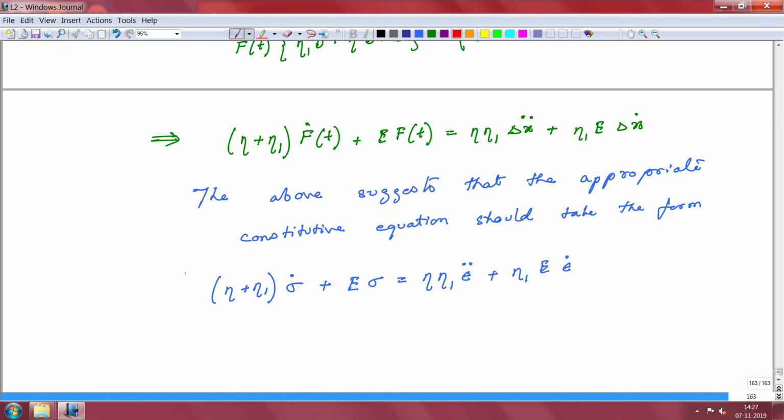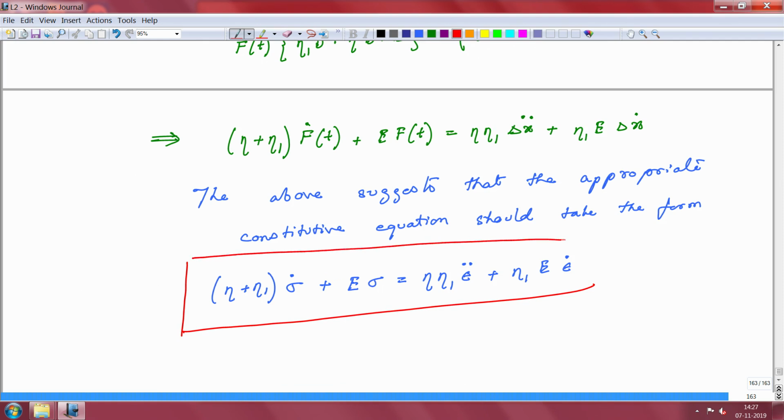So, this is the constitutive relationship for the Jeffreys fluid.